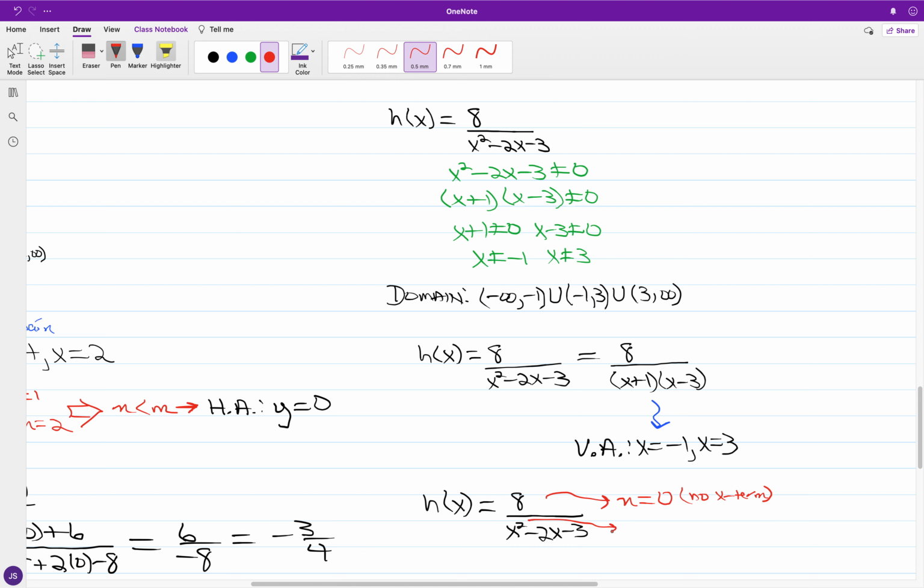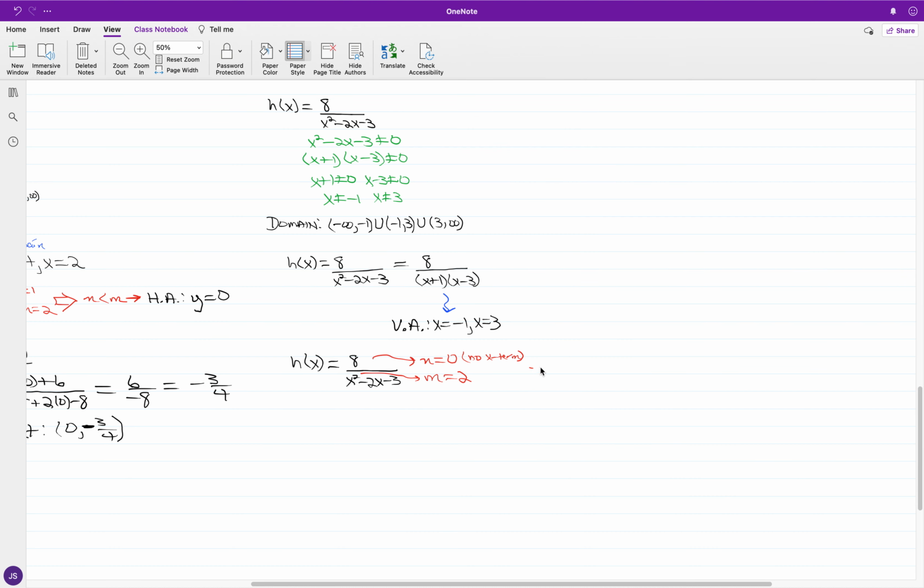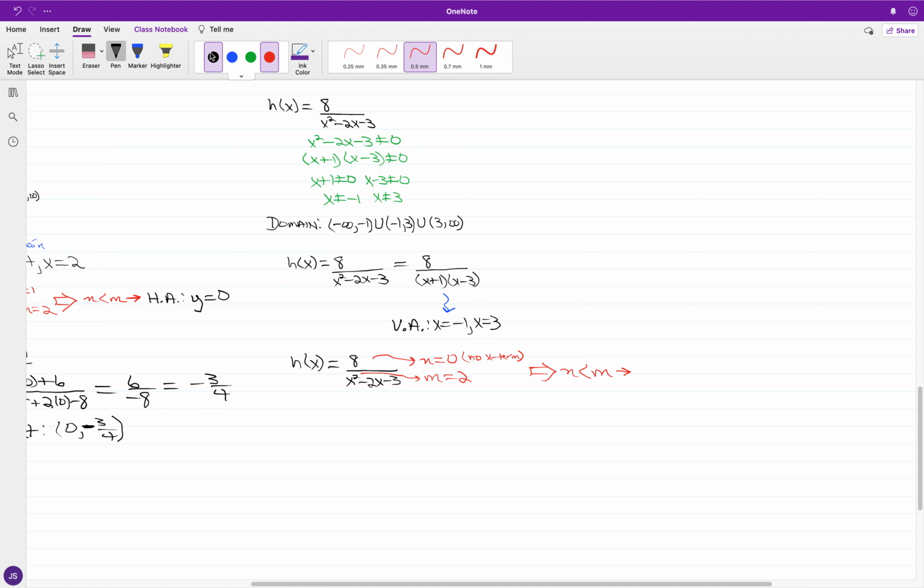And from the denominator, we have m equal to 2. So for the setup, n is less than m, so there's going to be a horizontal asymptote once again, which is going to be at y equal to 0.